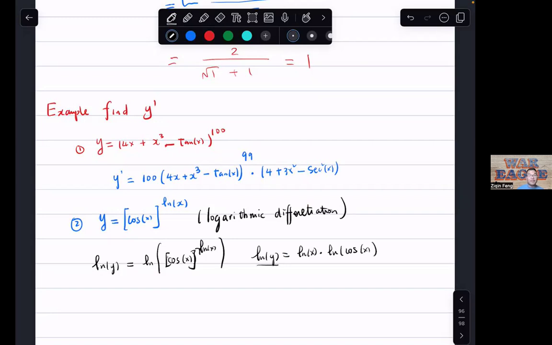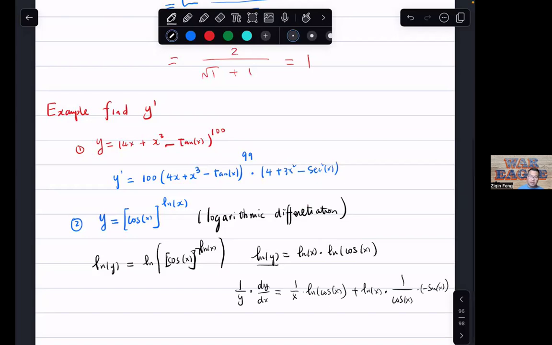The derivative of the left side about x is, by the chain rule, 1 over y times dy over dx, which is the same as y prime, equal to 1 over x times natural log of cosine of x, product rule, plus natural log of x times 1 over cosine of x times negative sine of x. Again, chain rule here.